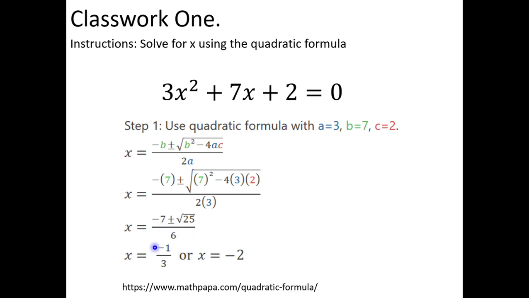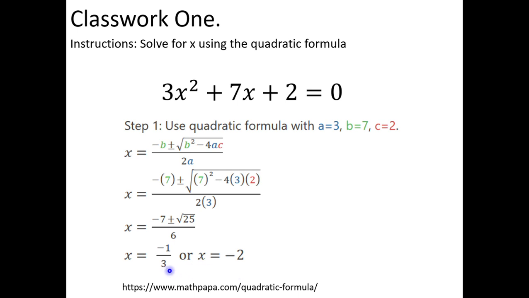So negative 7 plus 5 gives you negative 2 over 6, and that reduces to negative 1 over 3. And our other answer, x is negative 2. So the 2 different answers: x is either negative 1/3 or x is negative 2.